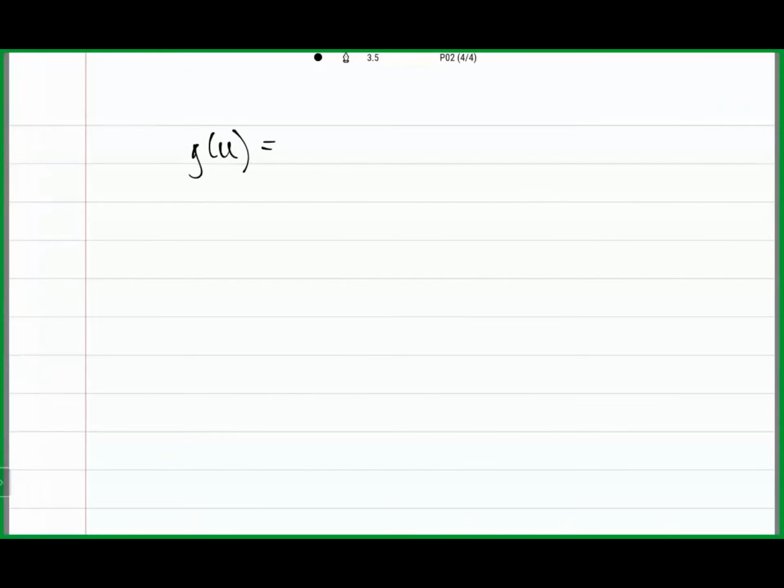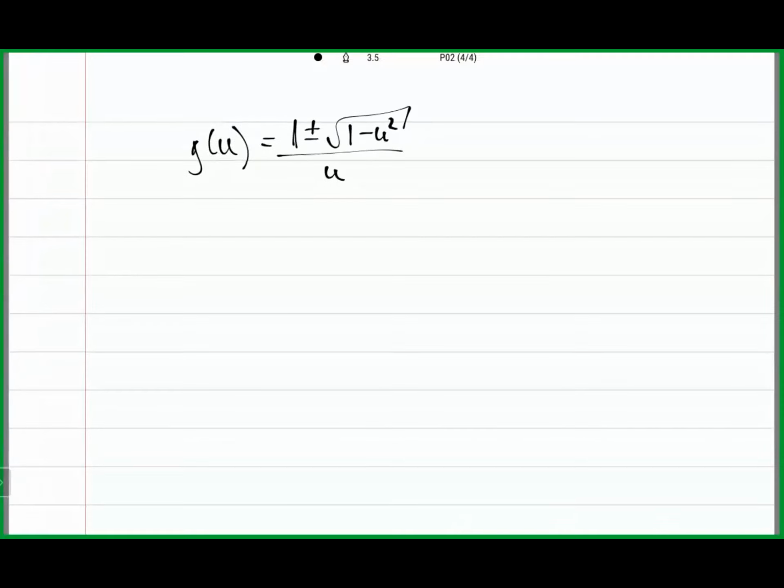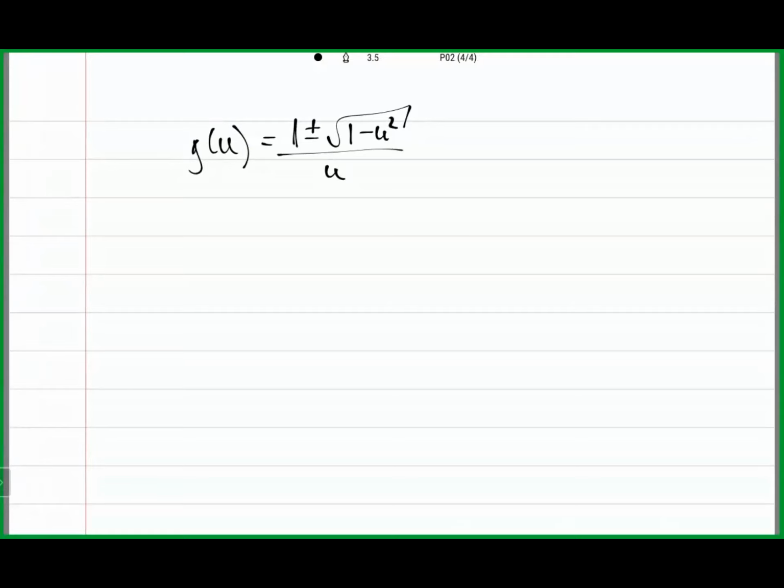Okay, let's move on. g of u is equal to 1 plus or minus the square root of 1 minus u squared, over u. Okay, let's continue. Now, who remembers the Taylor expansion for 1 plus t to the power alpha? Who remembers the Taylor expansion?